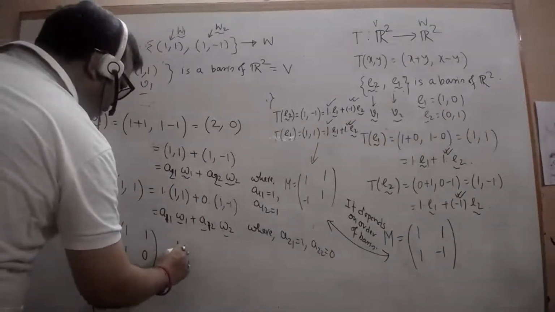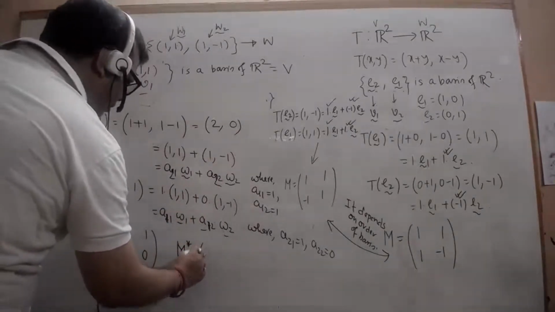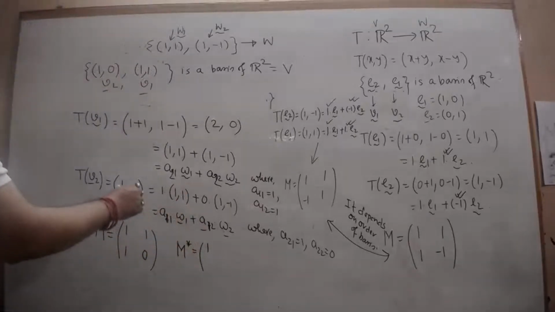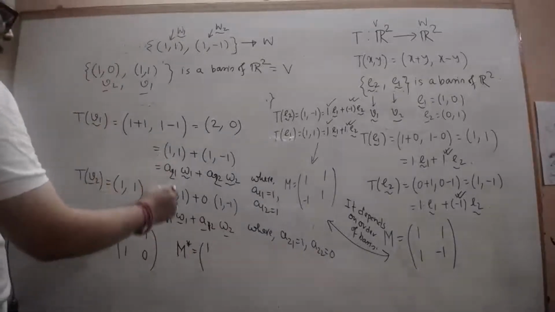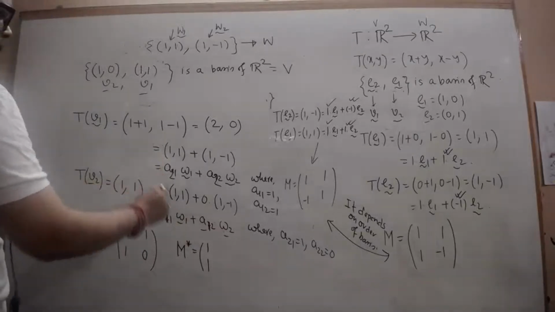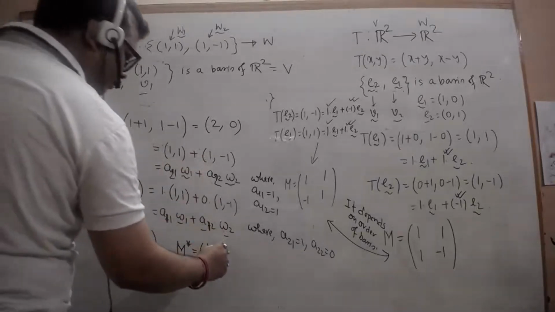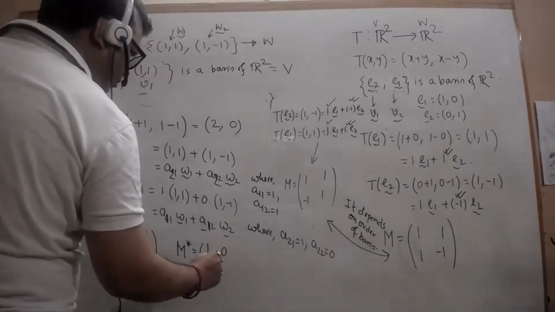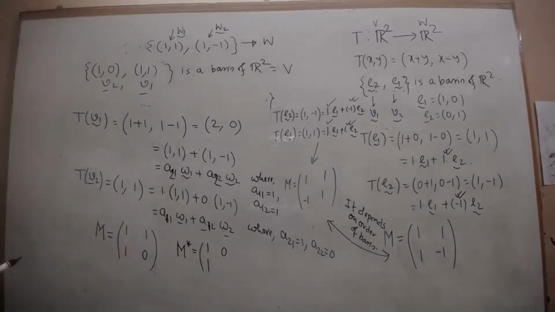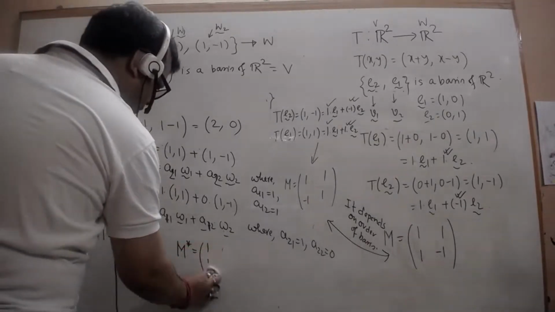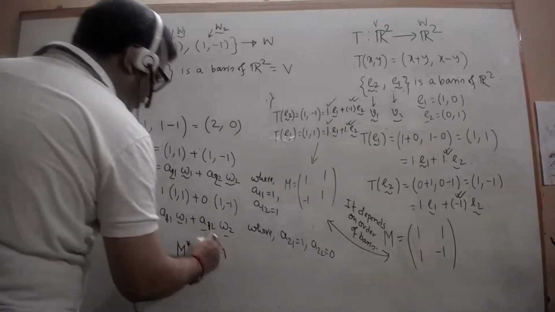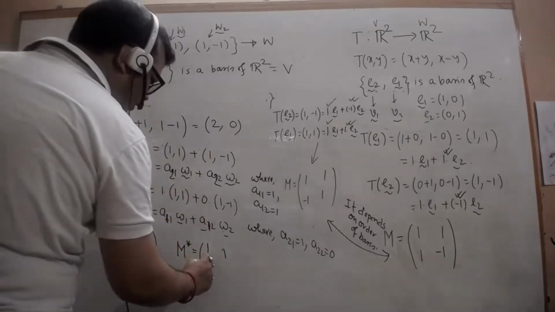So another matrix is, sorry, 1 1 first row, and second row is 0 1.